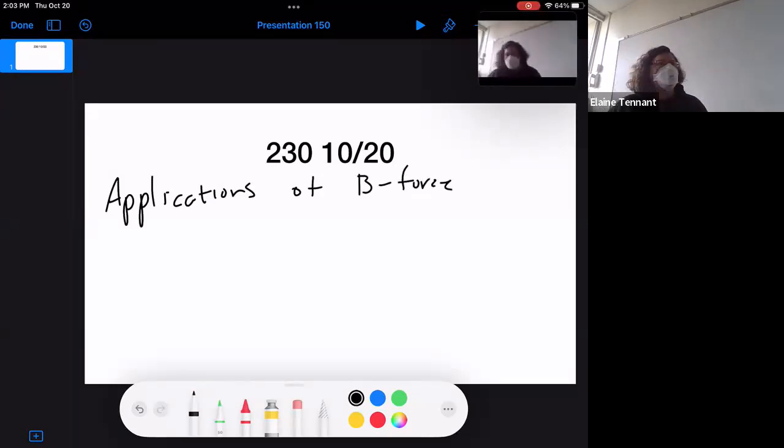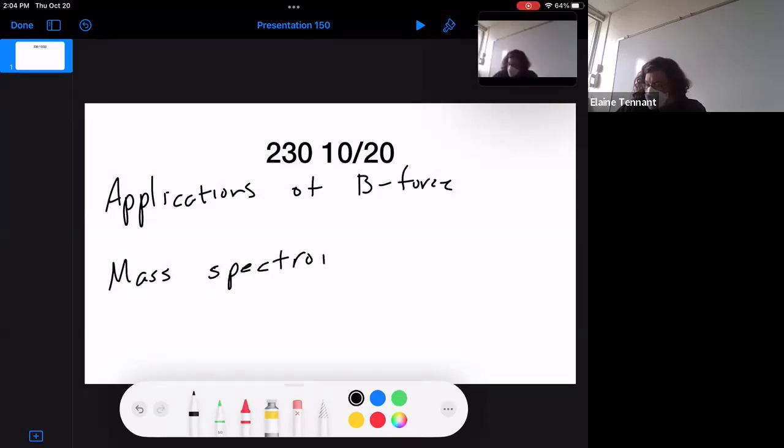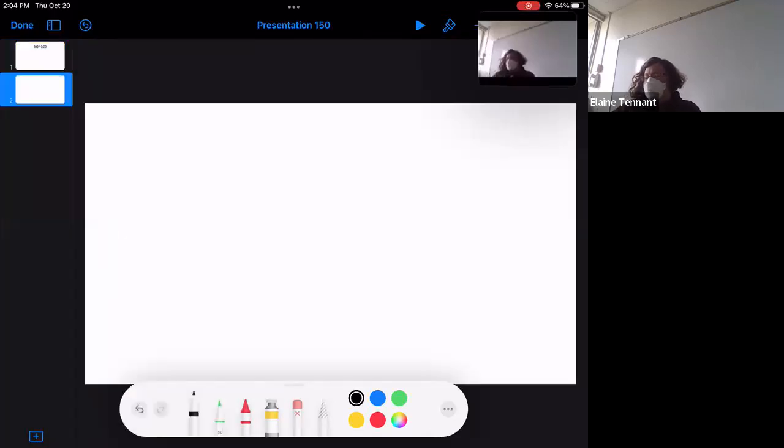What a mass spectrometer does is analyze something's base particles, like molecules or atoms, and tell you what they were made of just based on their mass, which is very cool. So let's talk about how you might build yourself a mass spectrometer.